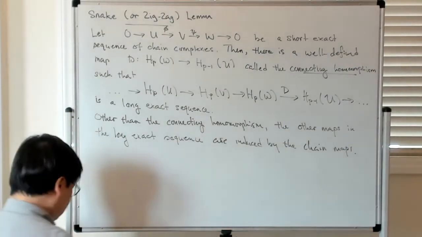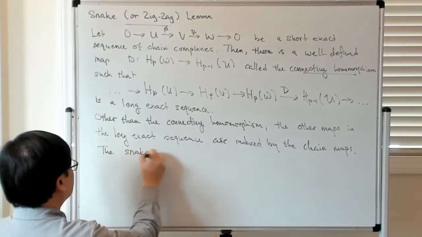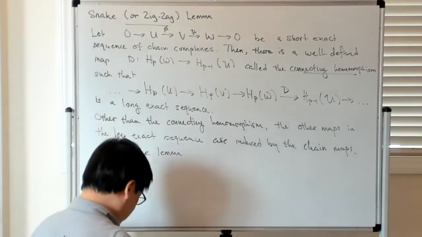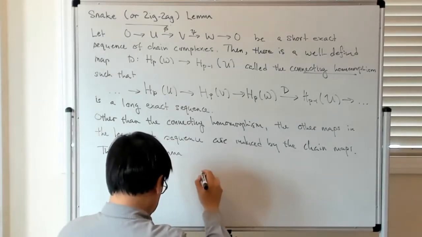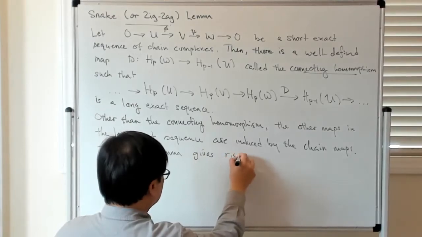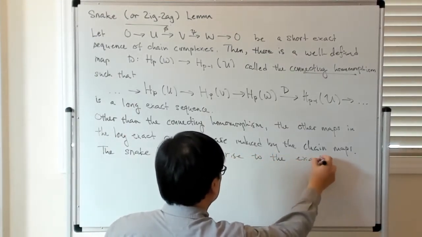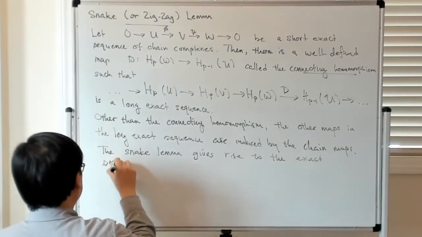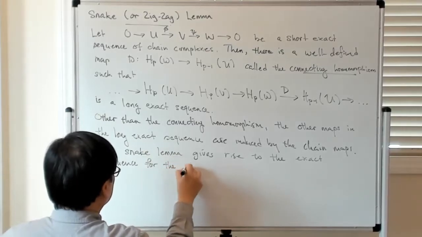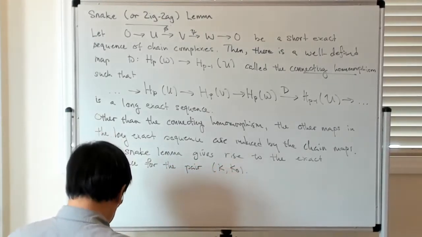So the snake lemma gives rise to the exact sequence for the pair, let's say K, K_0.